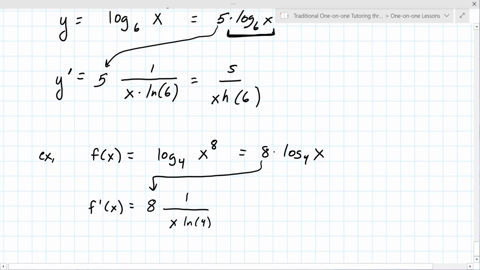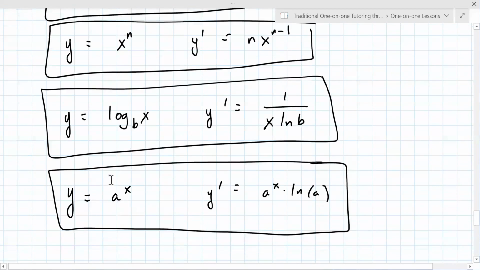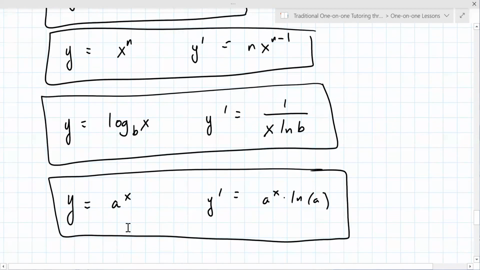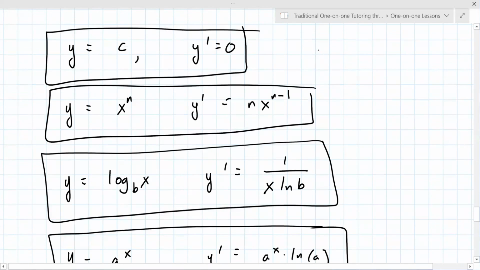Okay, so the reason this 8 comes along, if I go back to these 4 rules that we've talked about, the other one is that if y equals a constant times a function of x, the derivative is the constant times the derivative of that function.